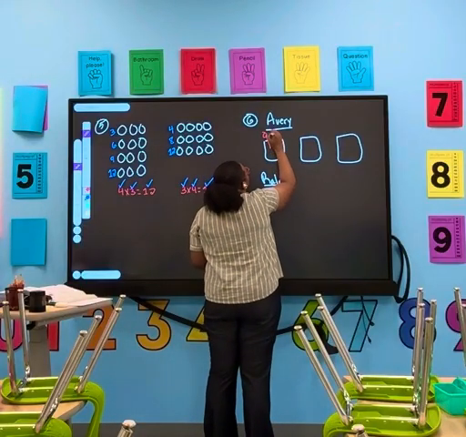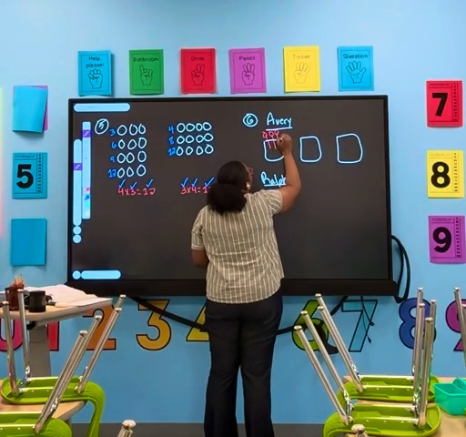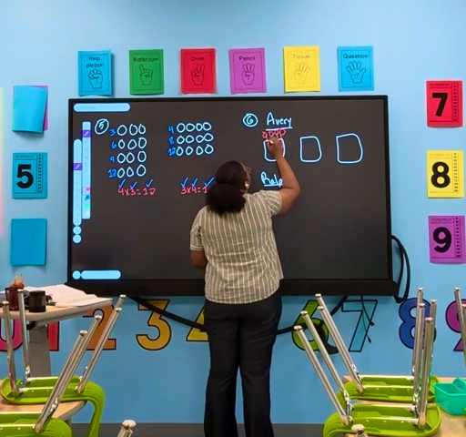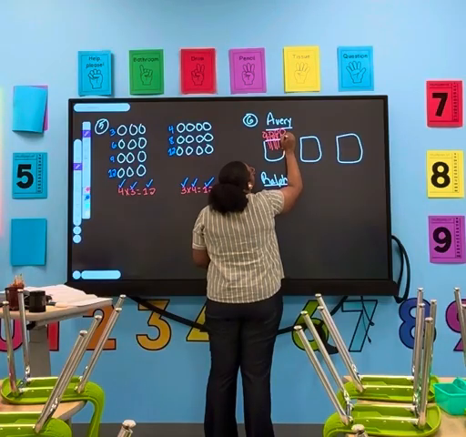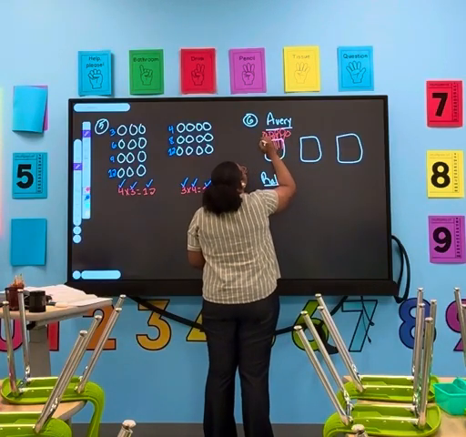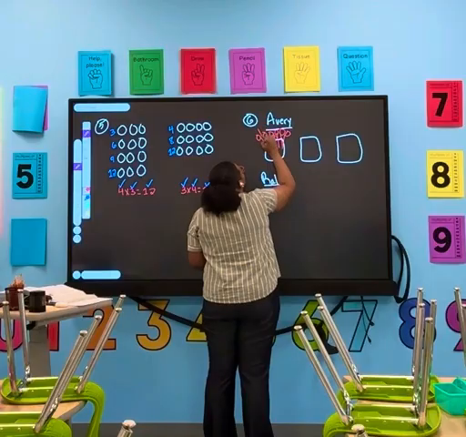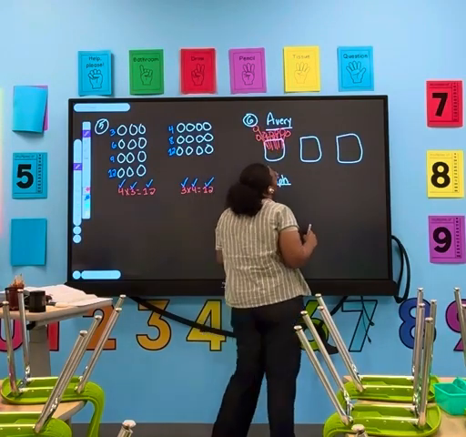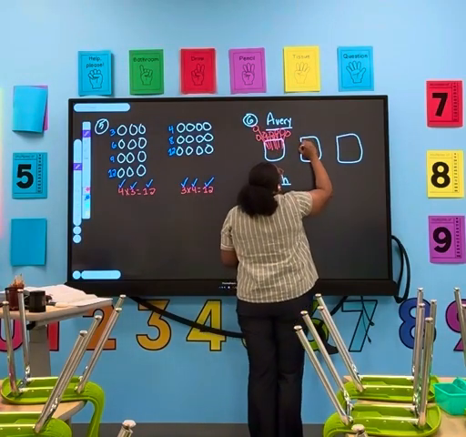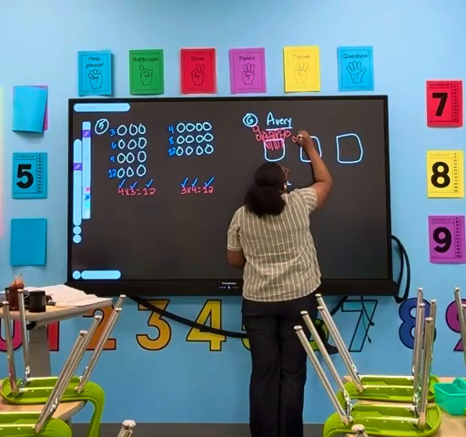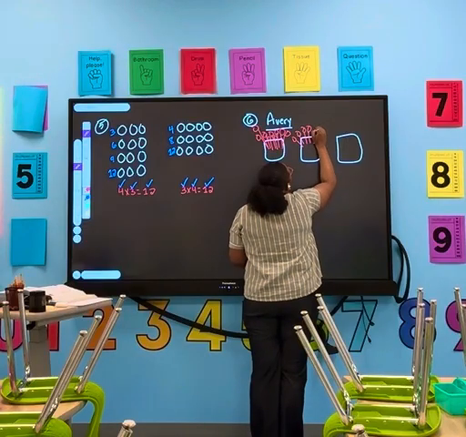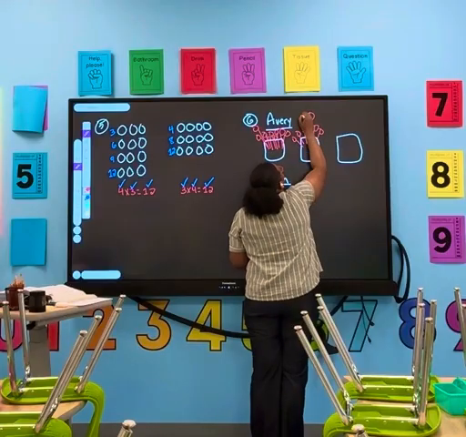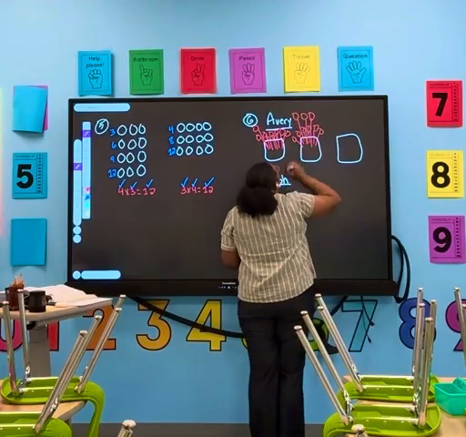1, 2, 3, 4, 5, 6, 7, 8, and 9. Okay, I'm going to put 9 in this one. 1, 2, 3, 4, 5, 6, 7, 8, and 9.